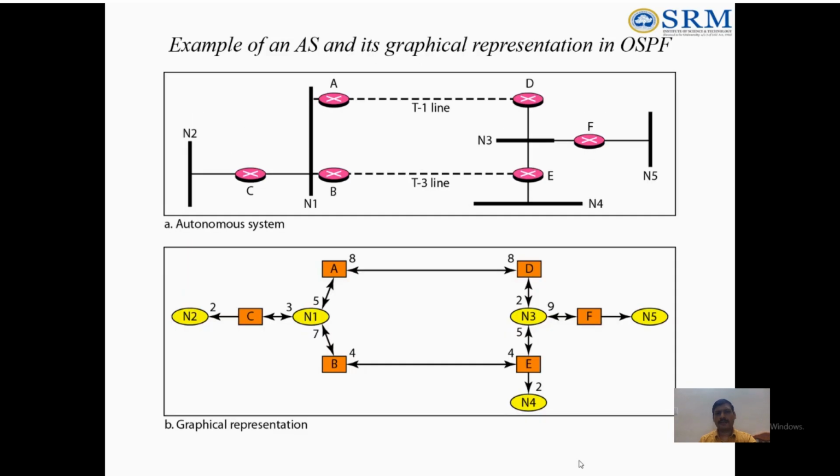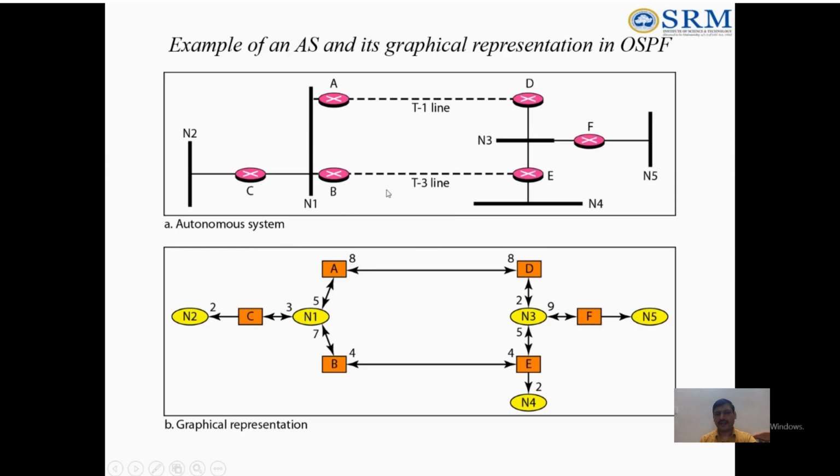This is a simple example of an autonomous system in a graphical representation of OSPF. You can see network 1, network 2, network 3, network 4, and network 5, so for example, five networks are there. Nearly six routers are connected in between. If I want to go from this range to this range, there will be two lines intermediate available.